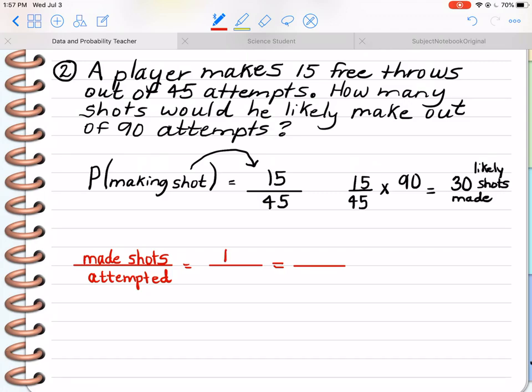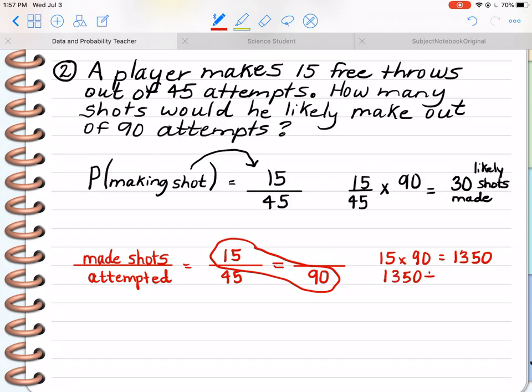We know that his percentage is 15 out of 45, and we want him to attempt 90 shots. So those of you who know the ratio proportion method, this will work. If you've not seen this, then you might want to consider taking that course, because it can do a lot of math for you. So 1350 divided by the number that's not in the peanut is 45. And you're left with 30 also.